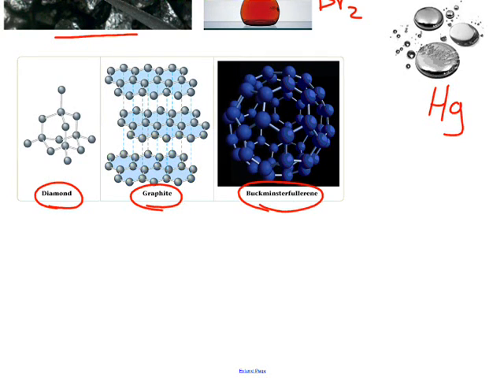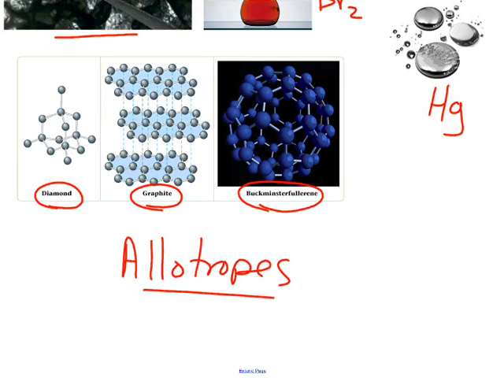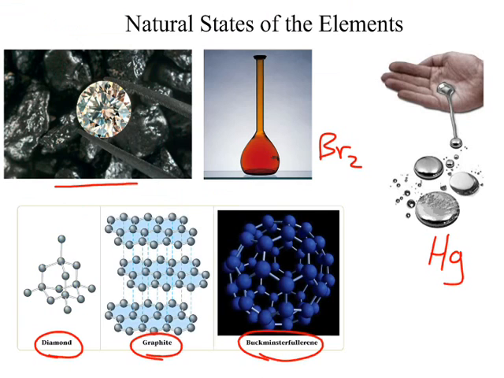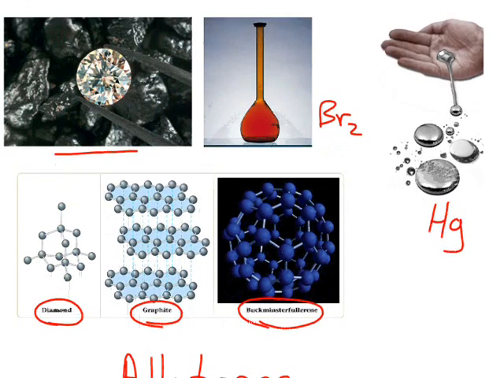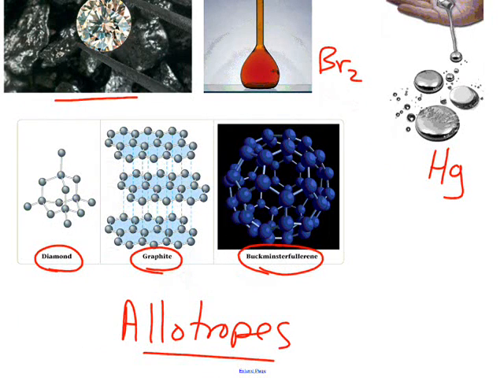They'll find ways to modify and adapt this. The term that's used for these different forms is allotropes. All right, so these are 3 different allotropes of carbon. So the term allotrope is important for us to understand what that means.